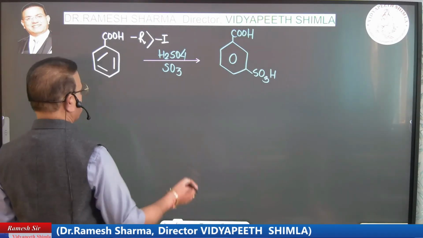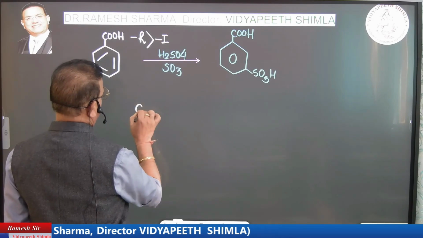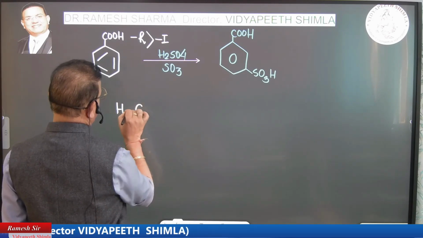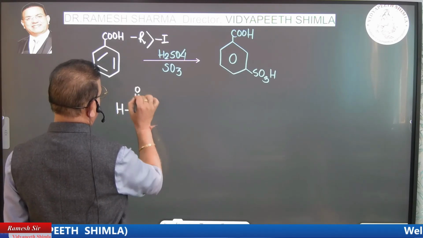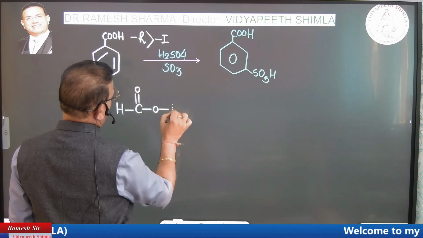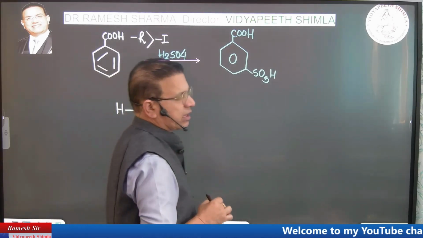Now, formic acid is the connecting bridge between carboxylic acid and carbonyl compounds.